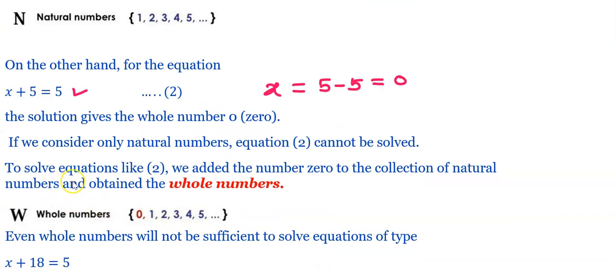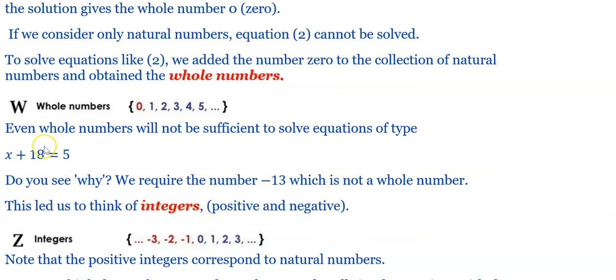Therefore, to solve equations like this, we add the number 0 to the collection of natural numbers and obtain the whole numbers. The whole number set has the elements 0, 1, 2, 3, 4, 5 up to infinity.